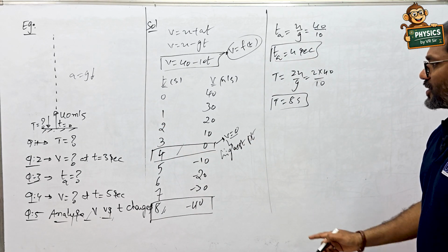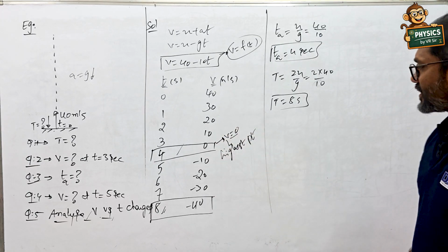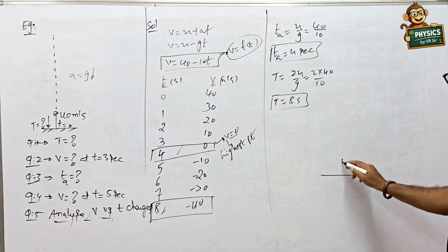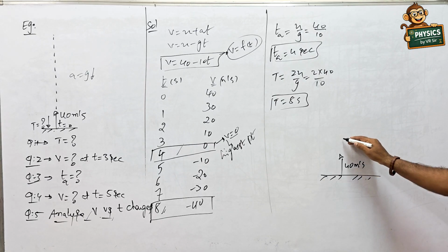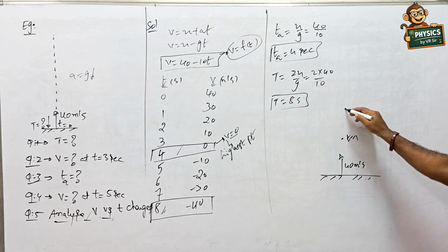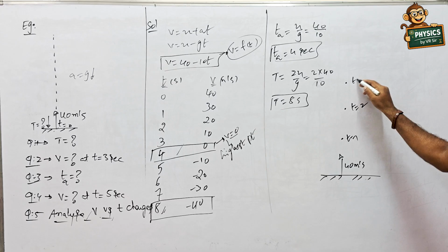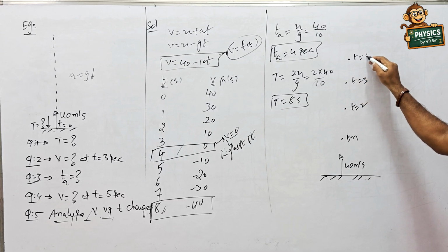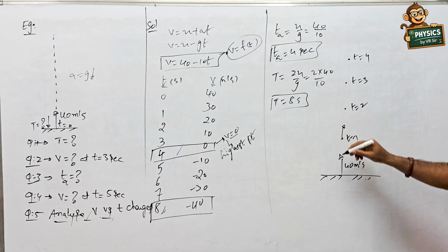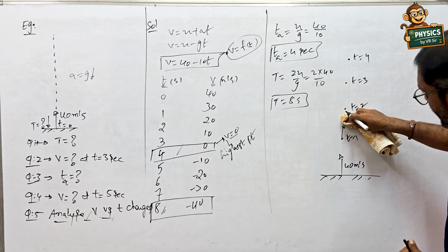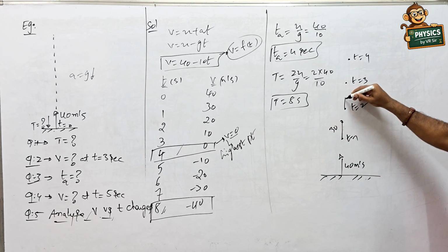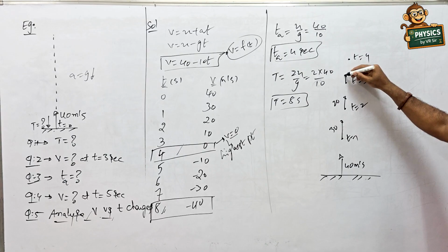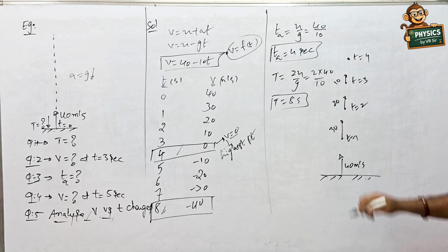At the same time, when the object is thrown up with 40 meters per second, at t equivalent to 1, 2, 3, 4, the velocity is 30 meters per second, 20 meters per second, 10 meters per second and 0.